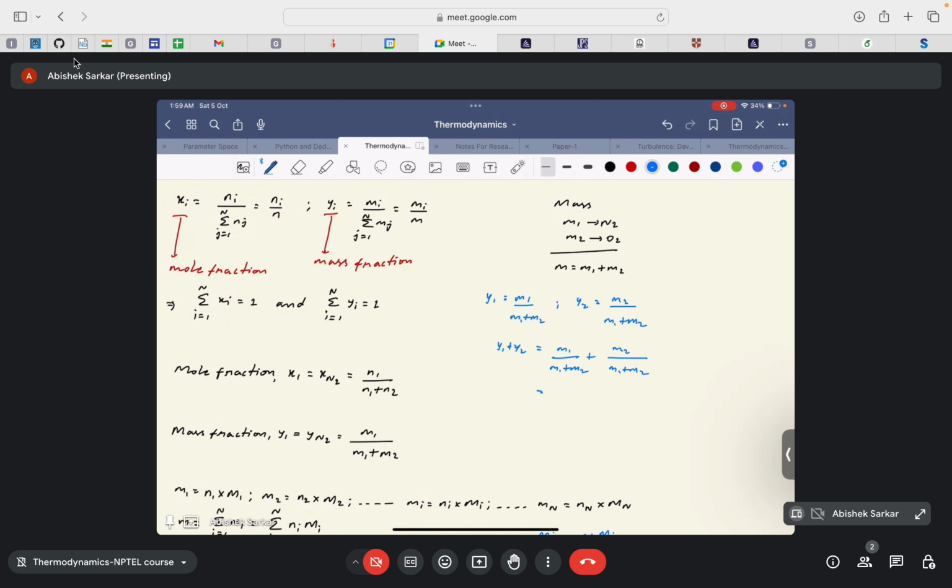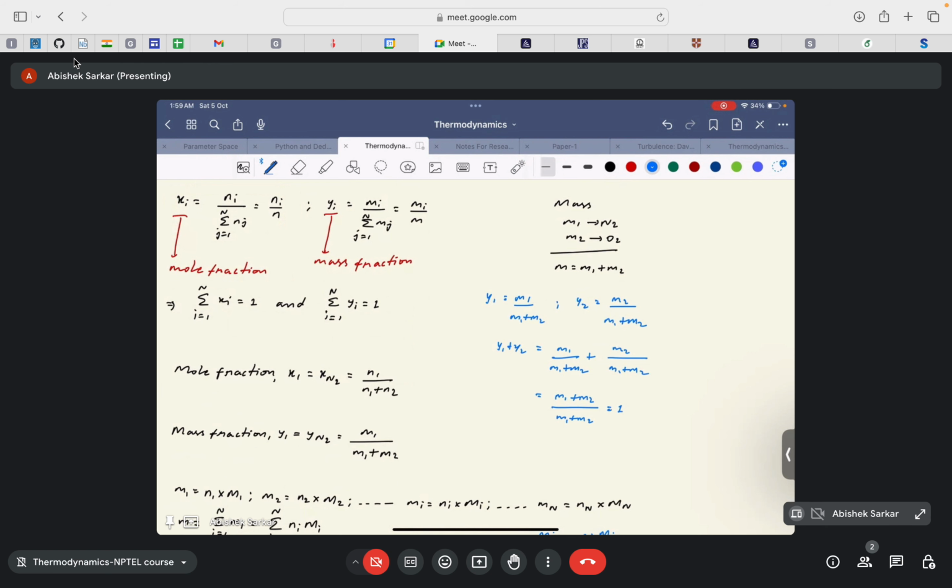Since the denominator is the same, we can add up the numerators, so we get m1 plus m2 divided by m1 plus m2, which is equal to 1. Now we can extend it to n number of gases, but it's just a lengthy task to do. You can derive it for two components, and then you will get the same result for 3, 4, 5, n number of gases. That's quite easy to prove, but you can try it as an exercise. I don't think there should be any doubt regarding that.